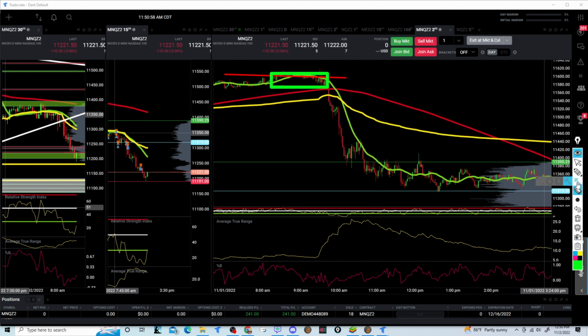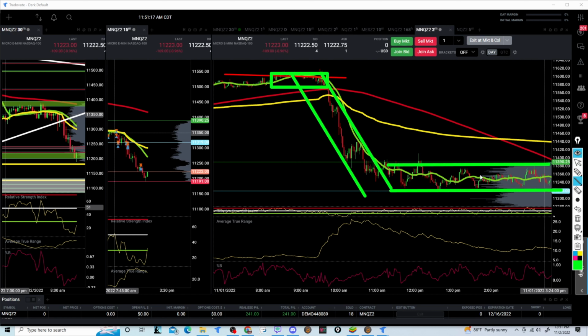When the 20 is going flat, then you are no longer trading that strategy. You are trading the range strategy. Remember, the market will only do two things: it will range and it will channel. That's it. It's not that hard to figure out.